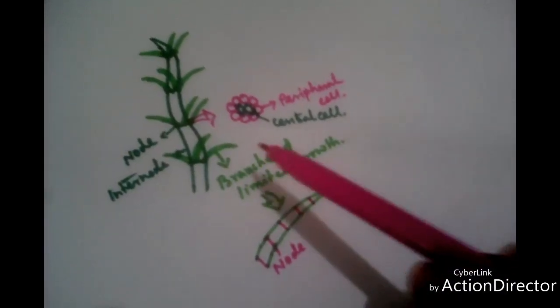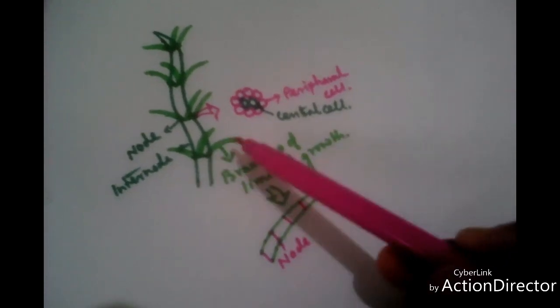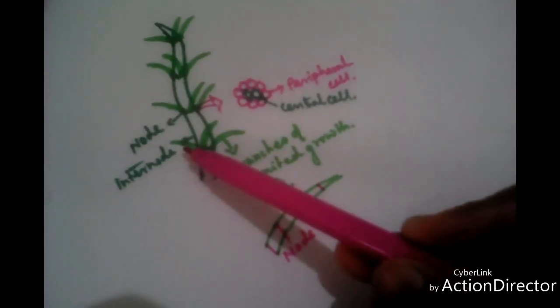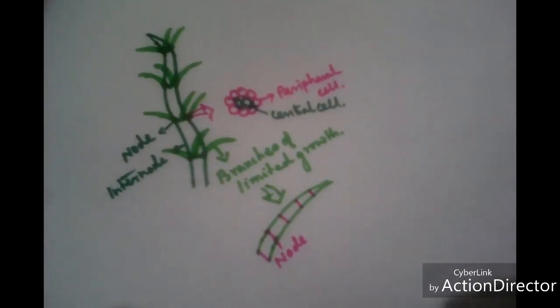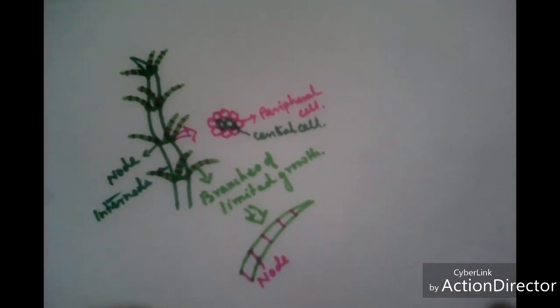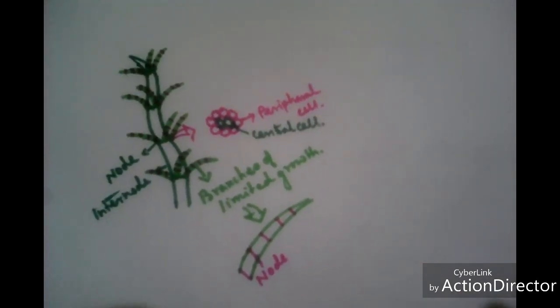So here 5 to 15 nodes are present. These branches of limited growth are also called primary laterals.